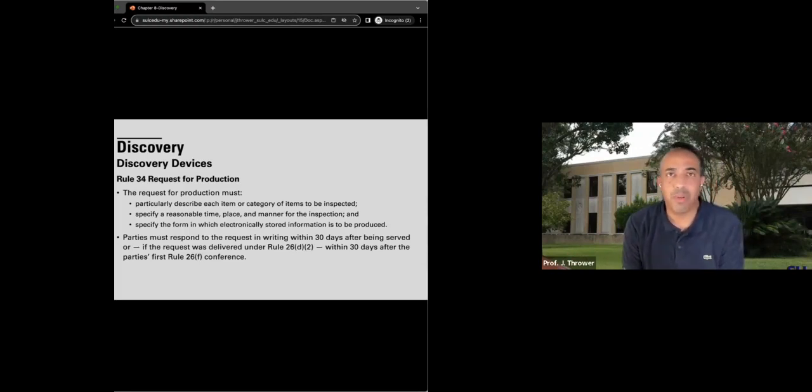So let's say, for example, that there is a huge piece of machinery that may be at issue in a breach of contract matter. To ensure that the piece of machinery in dispute is the proper piece of equipment, and not another similar type of equipment, a requesting party in their request for production may particularly describe this piece of equipment, maybe by a serial number or some other identifying number or mark.